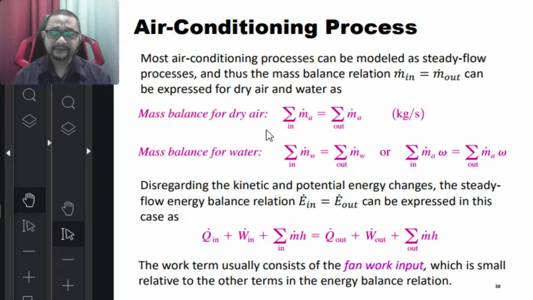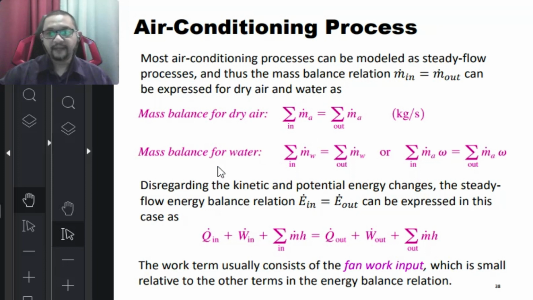And through the mass balance relations, that means m dot in and m dot out, can be expressed for dry air and water. The total of m dot a in for dry air is equal to the total of m dot a out for dry air, and the unit is kilogram per second.